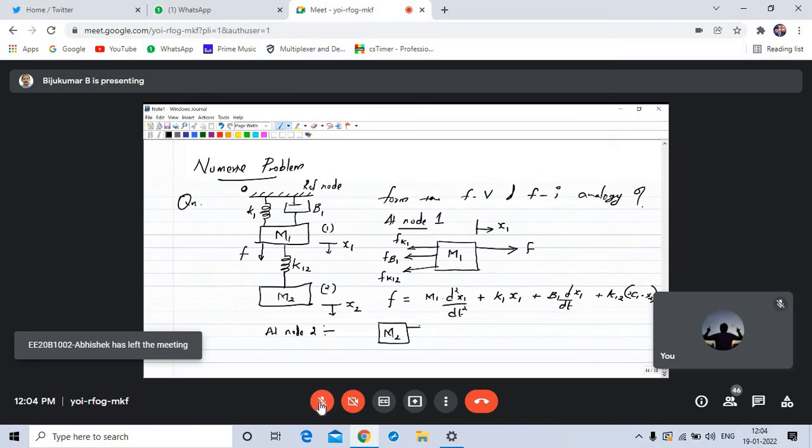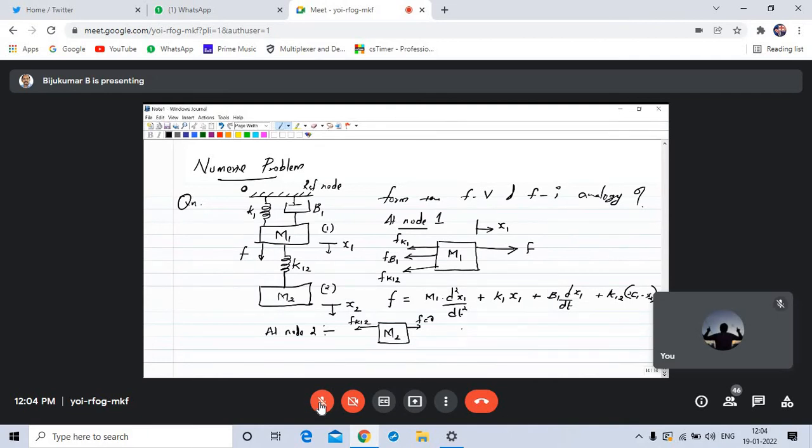F2, the applied force, is 0 only, but there will be some force due to K12 and mass M2, right? So how can we write the governing equation?